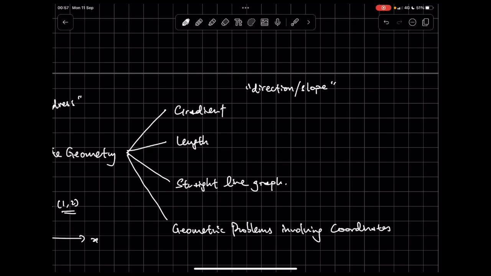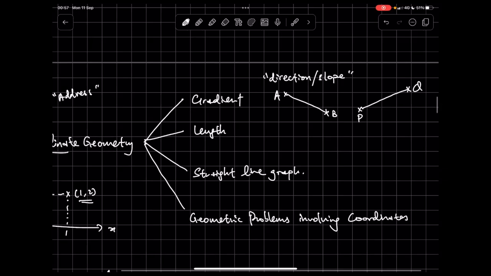The line goes on forever. But when we say line segment, there's a start and an end. For example, there's a start point A to point B. This is line segment AB. For example, there's a line segment PQ. There's an end. So how do we find the gradient of a line segment?